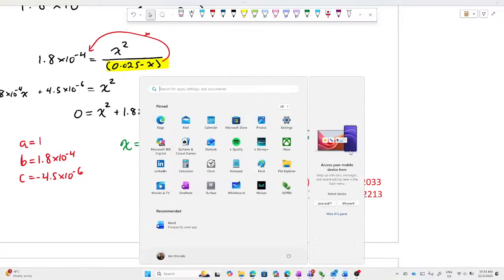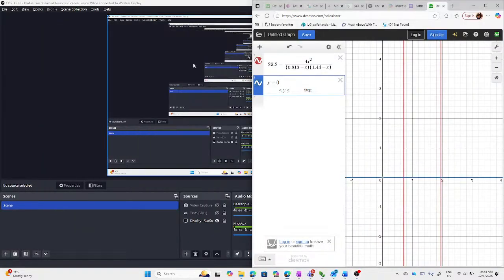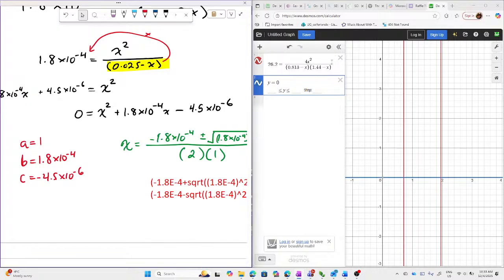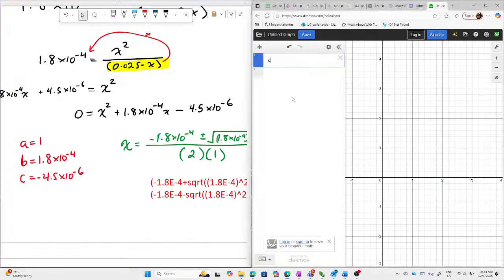We could, of course, check Desmos, make sure we're doing all right. Never a bad idea to check Desmos when you're working on something like this, right? And in this case, we can just say A is equal to 1, B is equal to positive 1.8 times 10 to the negative 4. And what did C equal again?